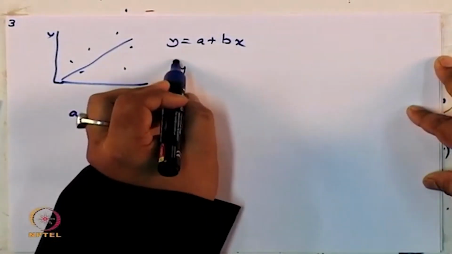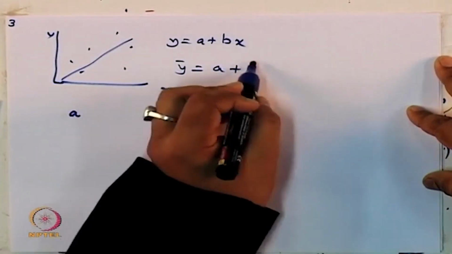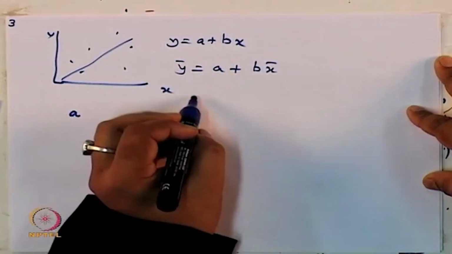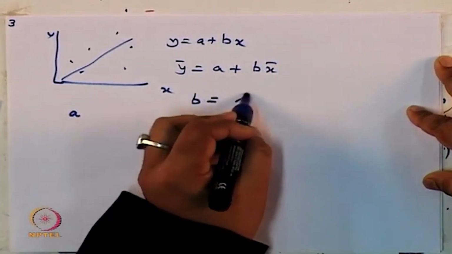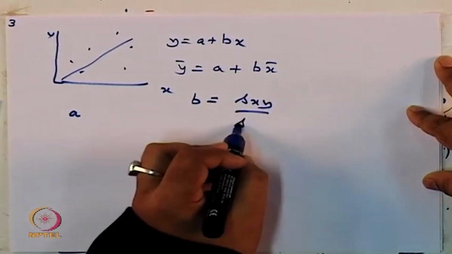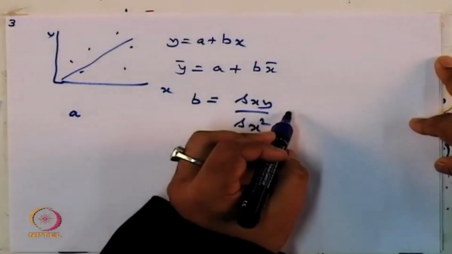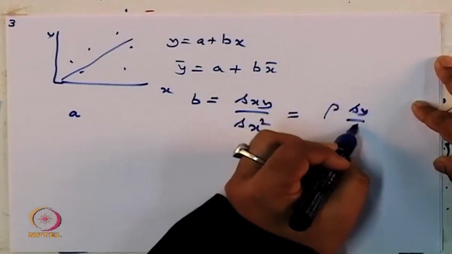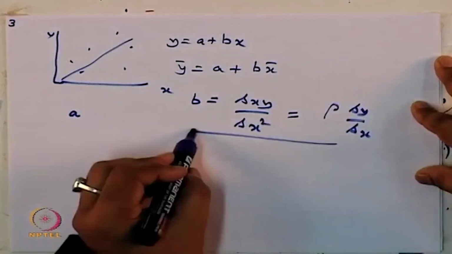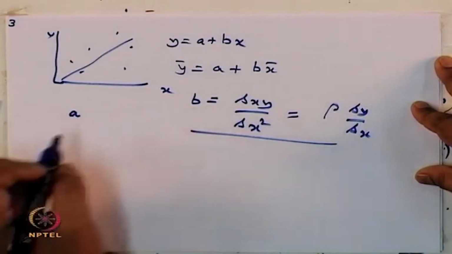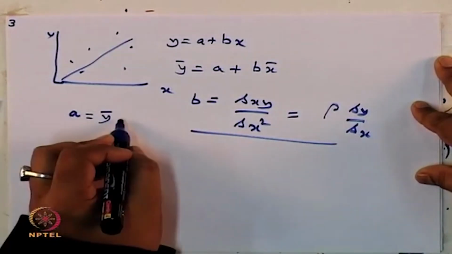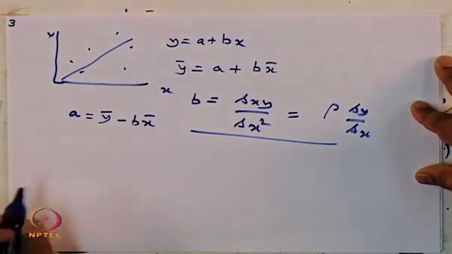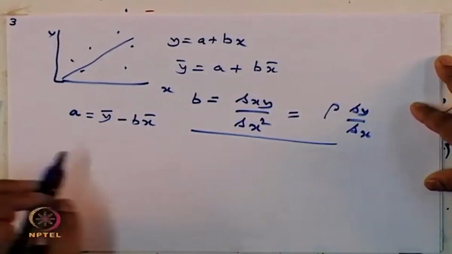From this equation I get one equation, which is y bar is equal to a plus b x bar, and the other equation is b is sxy by sx square, which I can also write as rho times sy by sx. This is the value of b, and once I calculate it, a is nothing but y bar minus b x bar. This is how you calculate a and b.